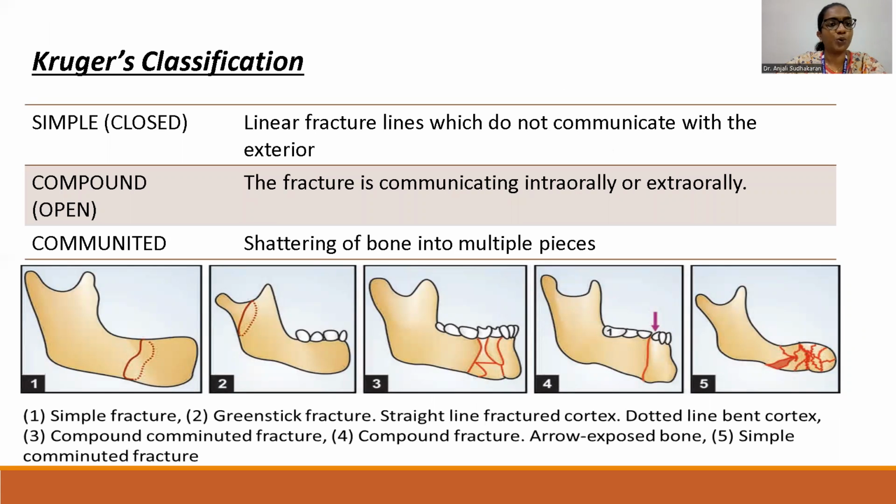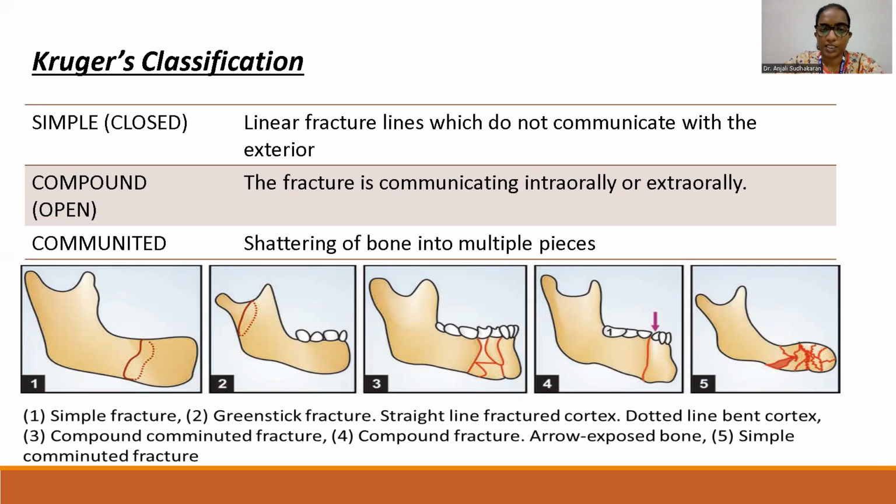First, we'll come to Kruger's classification. It is classified broadly into simple, compound, and comminuted fractures. Simple fractures are closed fractures. They are linear lines of fracture that do not have communication with the exterior surface or the skin. Compound fractures are communicating intraorally or extraorally. There is a tear of either the mucosa or the skin.